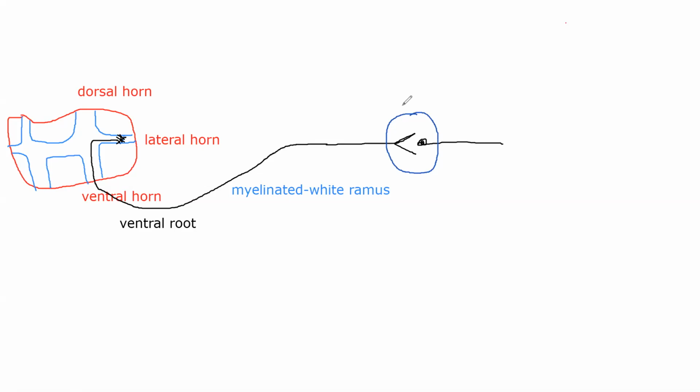Let's also make a distinction of central nervous system versus peripheral nervous system. So that's our first preganglionic neuron.